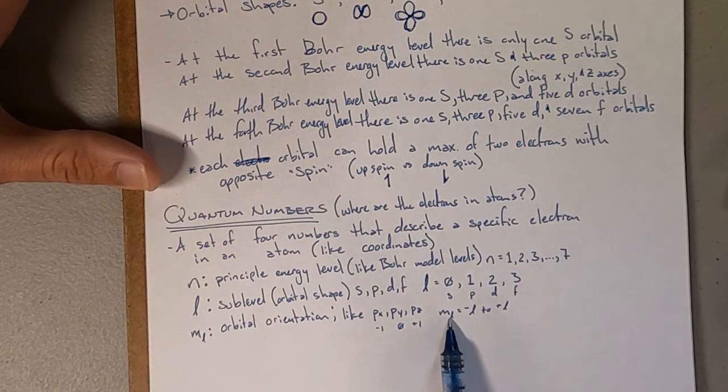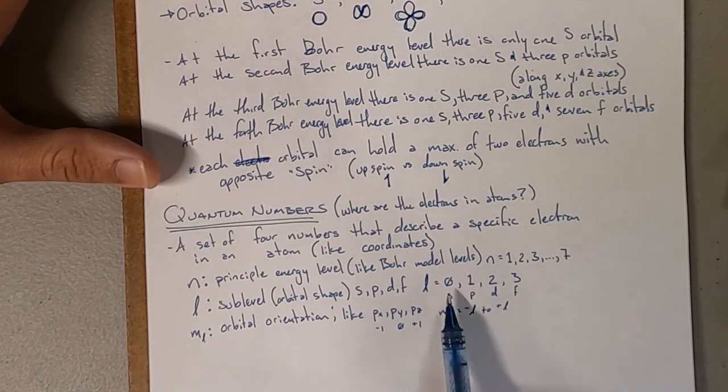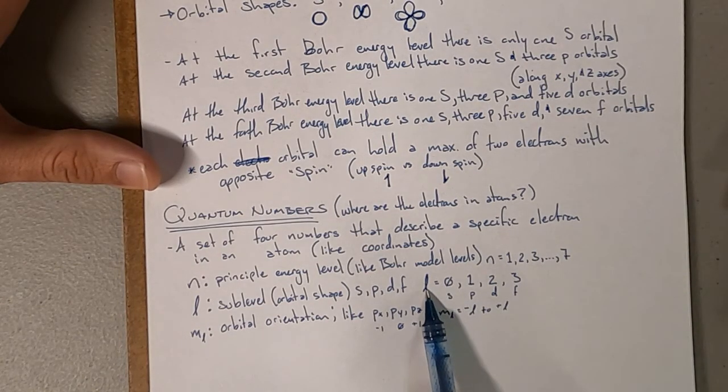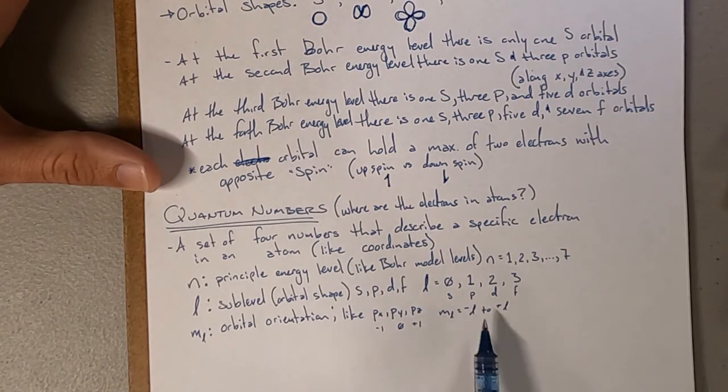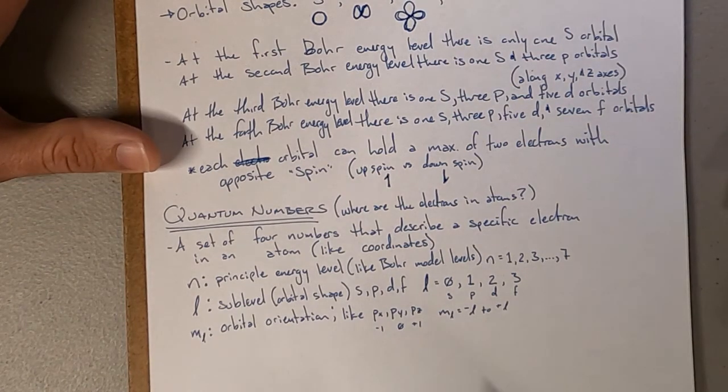And the values for m sub l could be negative l through positive l. And remember, since there's only one s orbital, it's got an l value of 0, and so it can't have an orbital orientation, or it by default is 0.